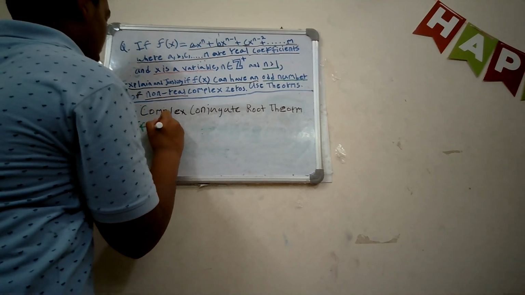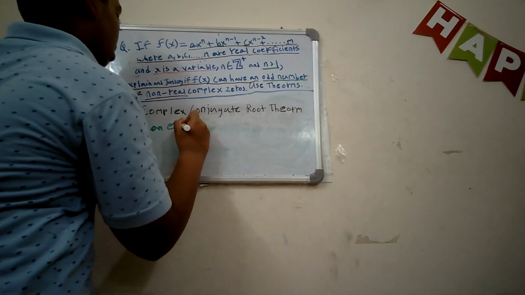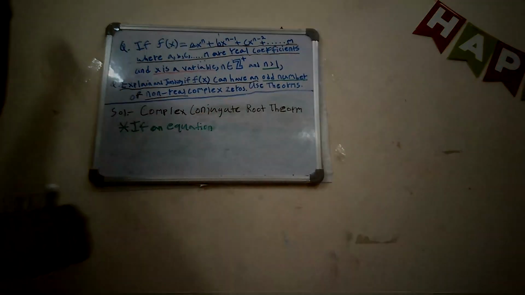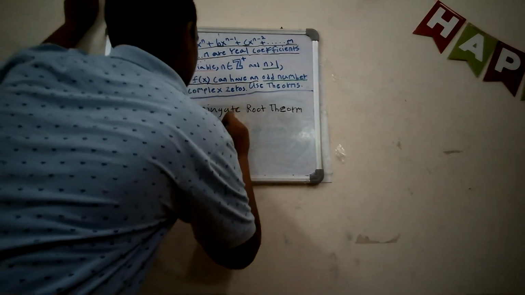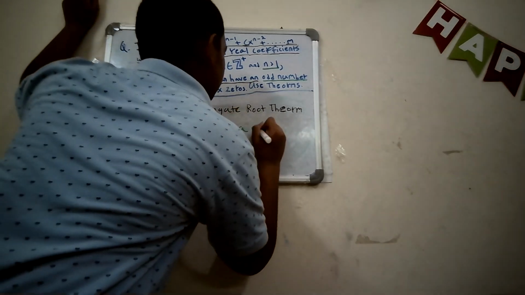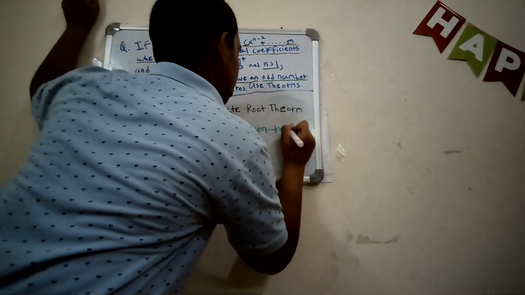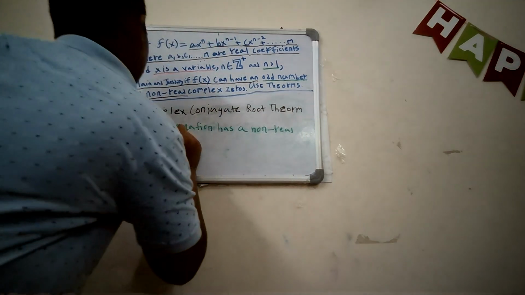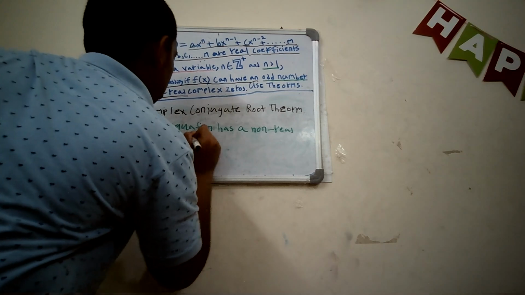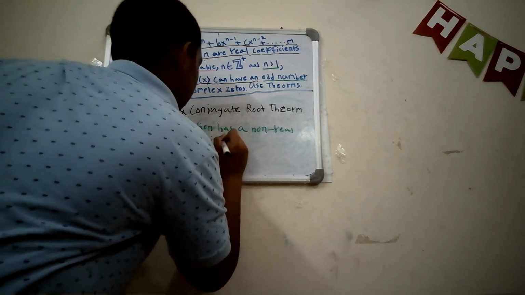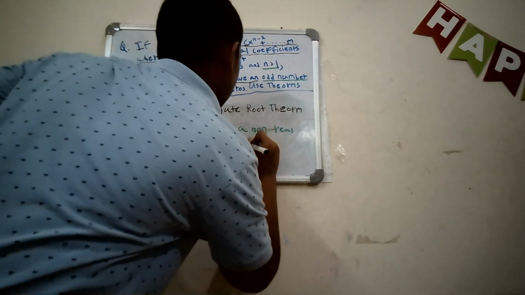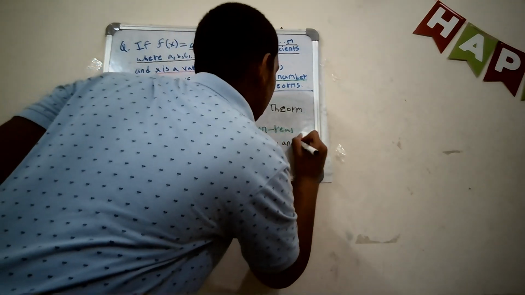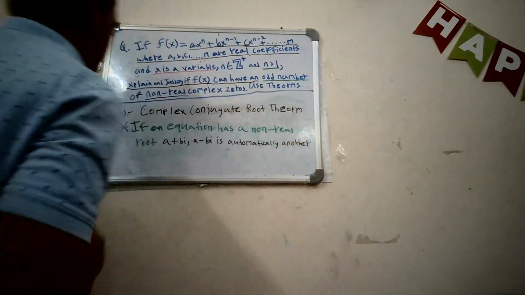If an equation has a non-real root a plus bi, a minus bi is automatically another root.